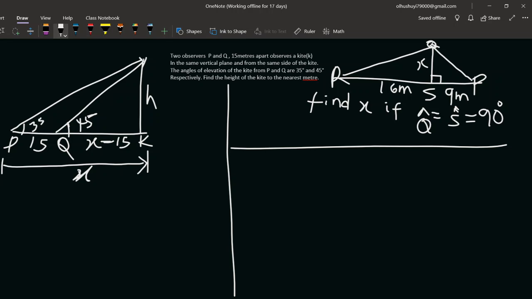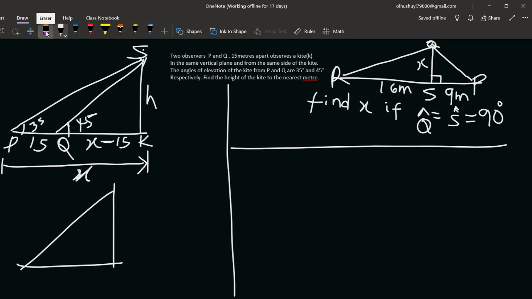Opposite over adjacent. For 35, we're going to be having something like this. The whole triangle, let me call this S. So we consider triangle PSK.